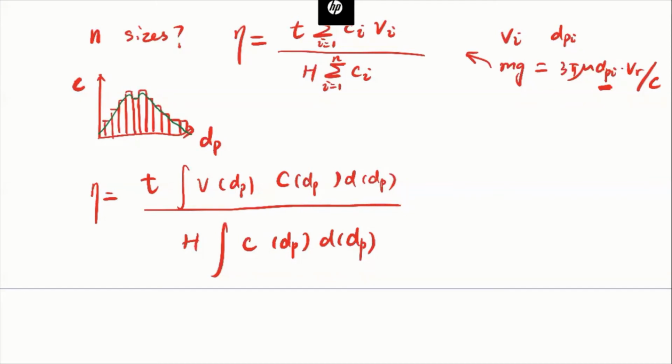We're not going to have the i anymore. It's going to be a continuous form. Again, this V of dp here, we should solve by equating the drag force with gravity to solve for the settling velocity. So this is how we calculate the removal efficiency of a settling chamber for particles with continuous size distributions.